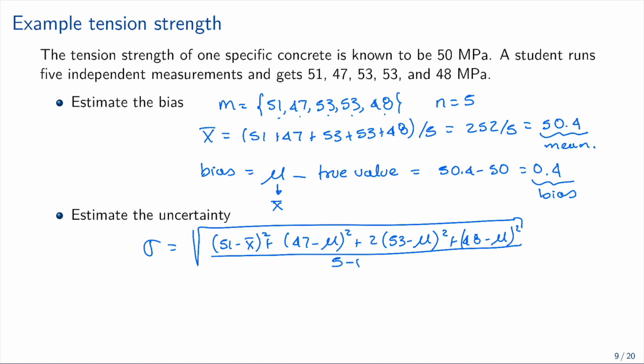If we input this in the calculator, we are going to have that the uncertainty is 2.79.